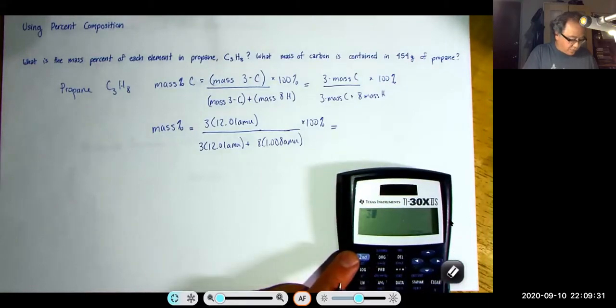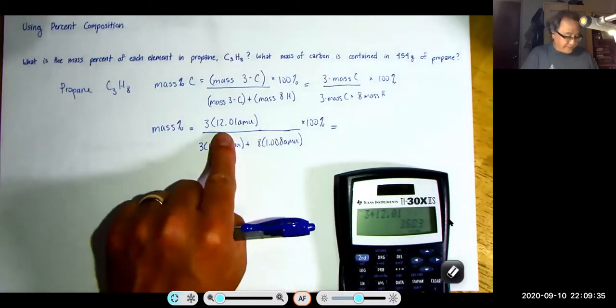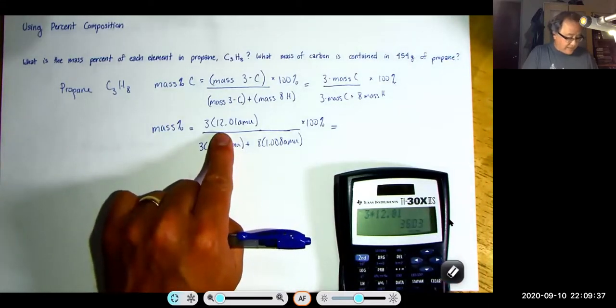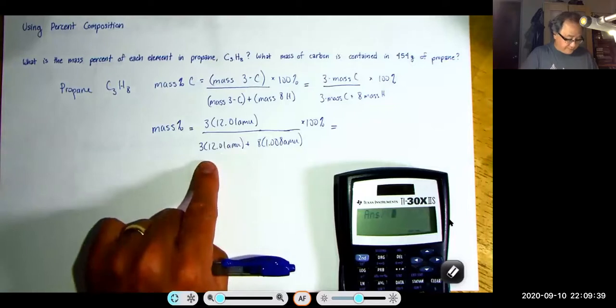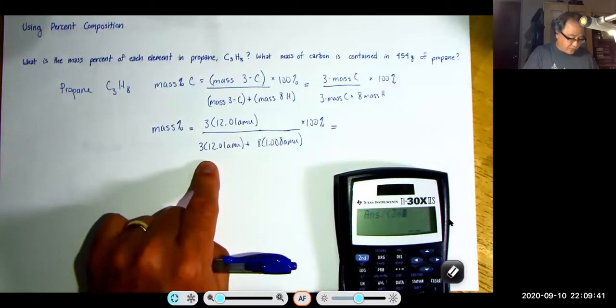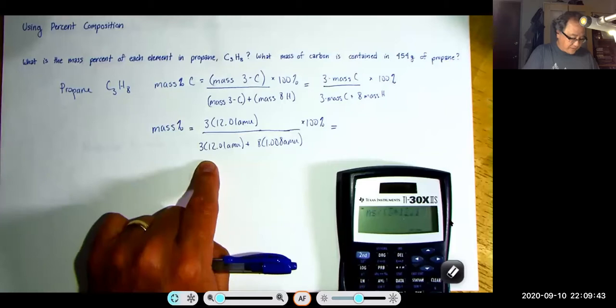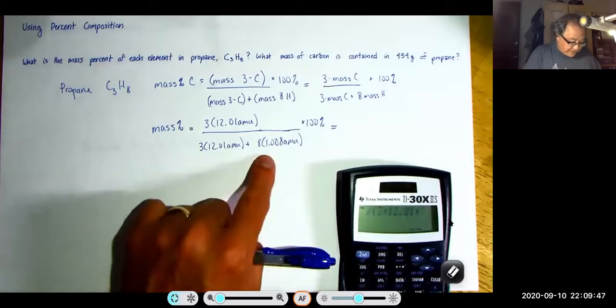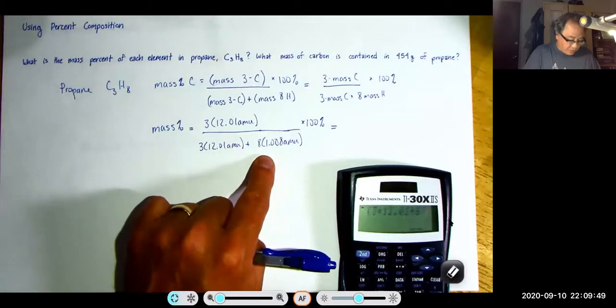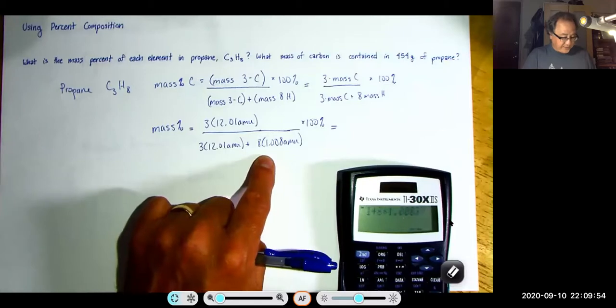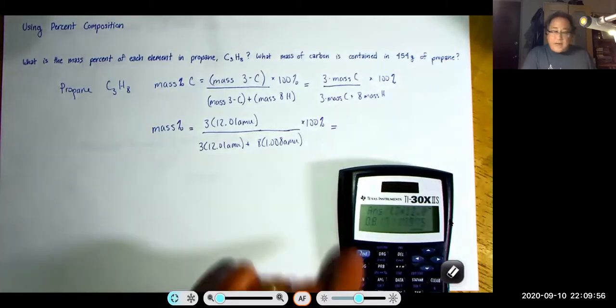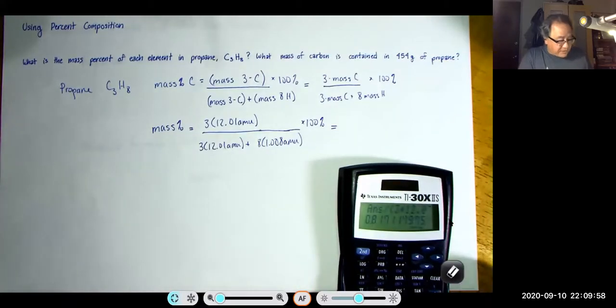3 times 12.01 is 36.03 divided by, and I'm going to put parentheses here, 3 times 12.01, plus 8 times 1.008, end parentheses, and I get 0.81, but now I need to multiply by 100.